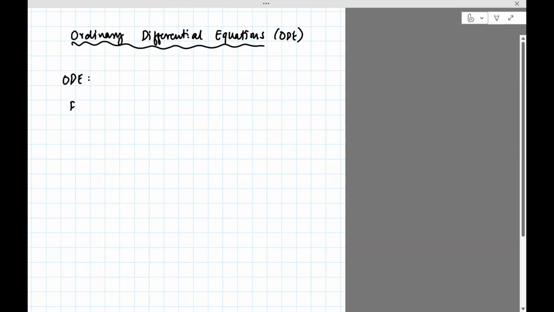F of x, y, dy/dx, d²y/dx², and so on, up to dⁿy/dxⁿ, equal to 0. So this is just saying that the function doesn't have to be just a function of x and y.